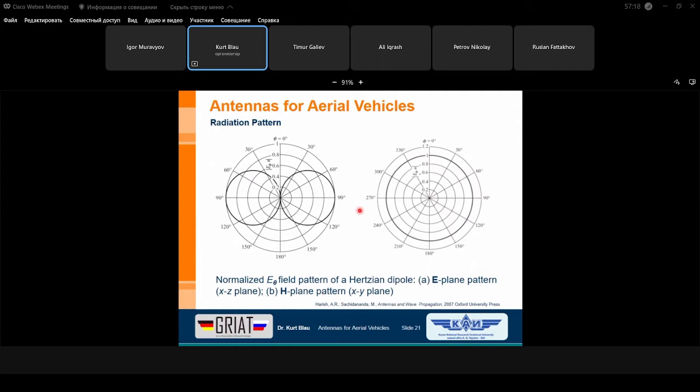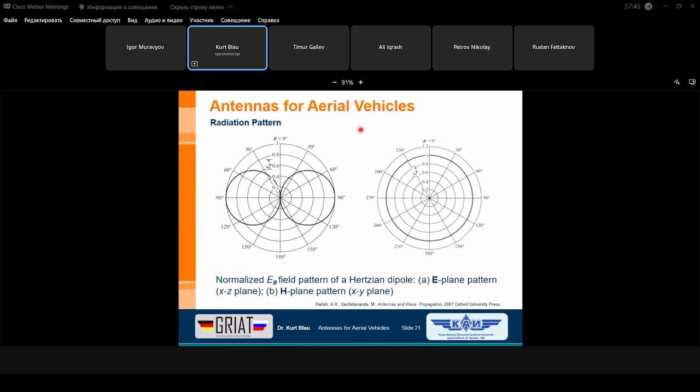We can also use it for measurement purposes, because the well-known gain value of this dipole is very precise to determine, and so we are able to realize measurement results with a dipole as a gain standard.